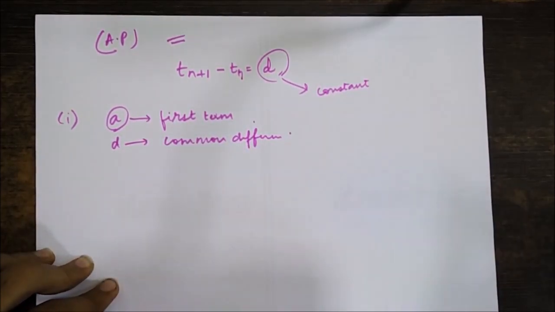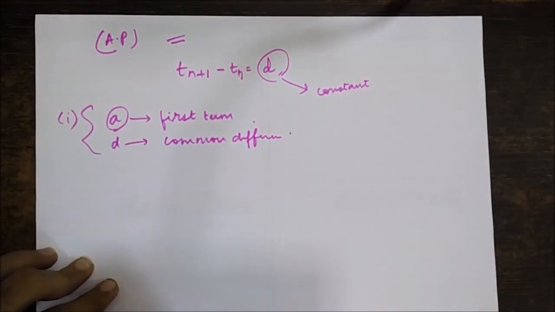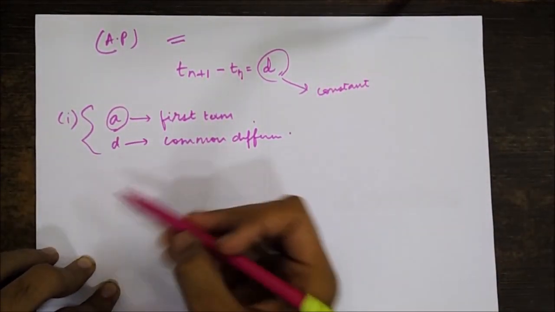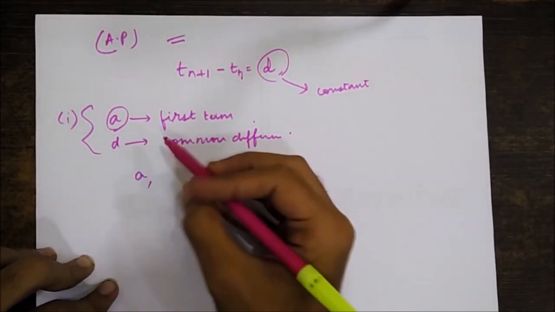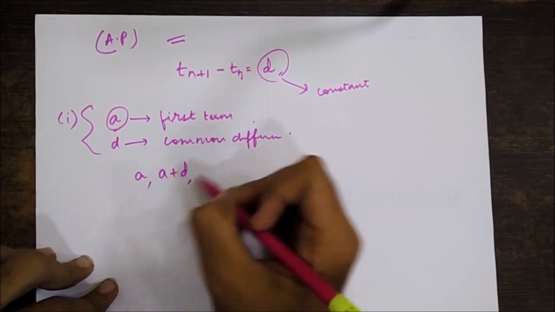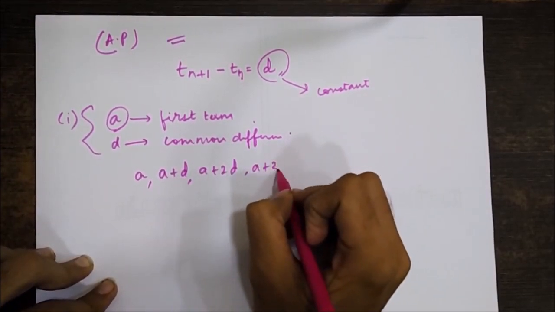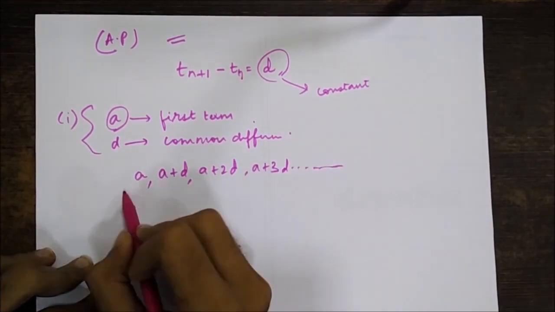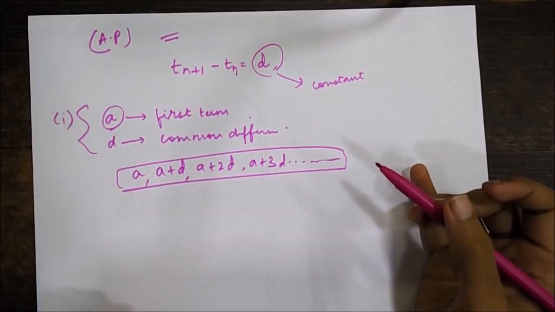If we want to write an arithmetic progression, how would we write it? Just by representing these both. We know that the first term is A. The second term would definitely be A plus D. The third term would be A plus 2D, A plus 3D, and so on. So this is basically an arithmetic progression that we got from the first term and the common difference.